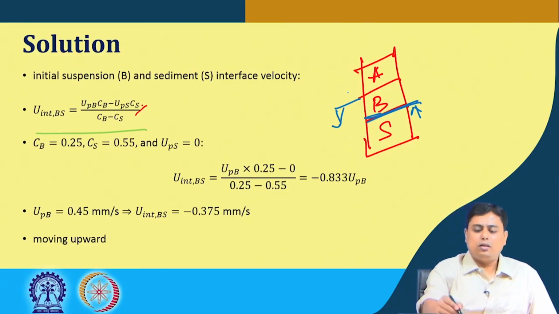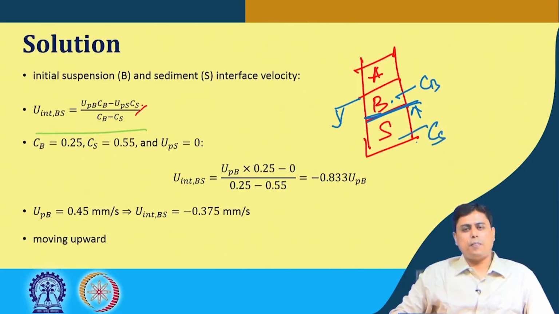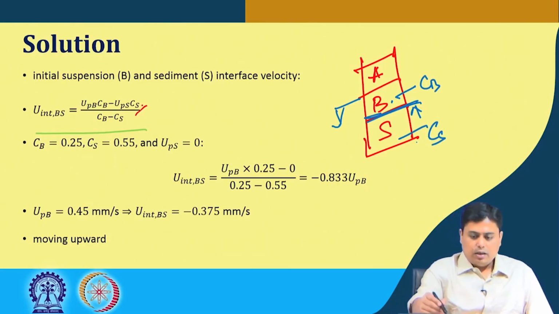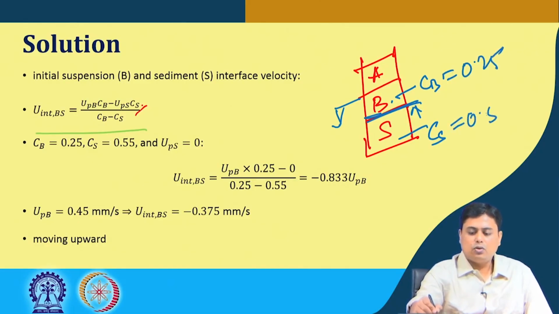So, which means UPB multiplied by the concentration here, and this is the concentration CS in this zone. The CB is known to us, CS is also known to us.